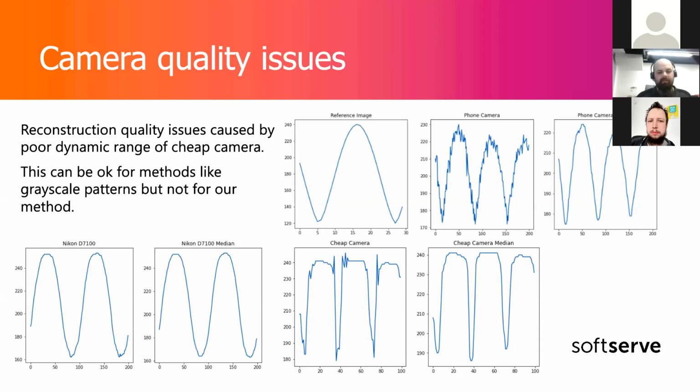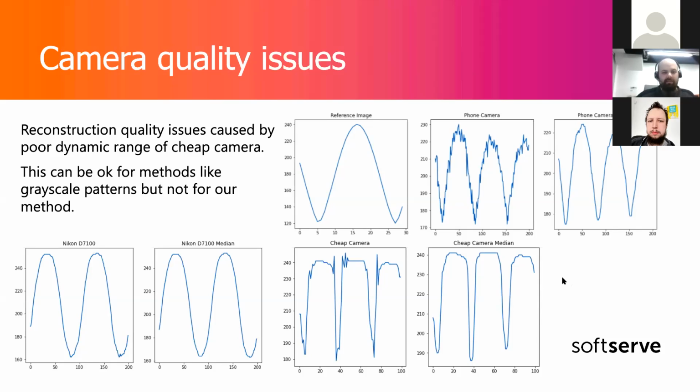Even if we try to decrease the amplitude of the sine, we still had a lot of clipping. So the conclusion was that our cheap camera is not good, at least for our method. I guess the gray code pattern should not suffer as much because of it, but in our fringe patterns we cannot afford to have a square wave reproducing a sine.